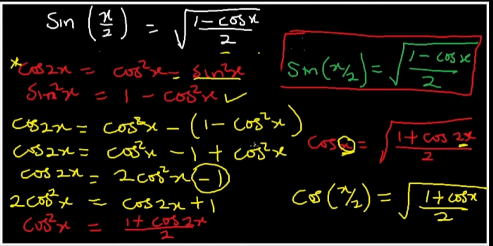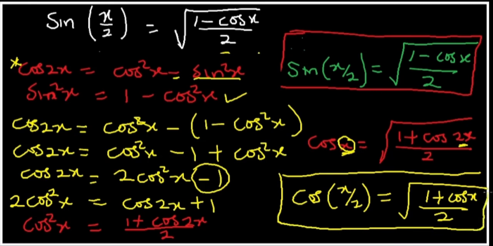So with this idea, since we know that this is for cos, now we can find for tan. Let's get for tan. Don't forget that tan is sine over cos.